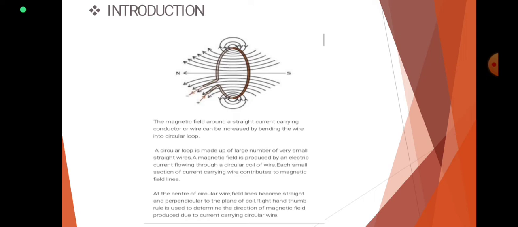Using the right hand thumb rule in the diagram, we can see that when the current is upwards, the magnetic field lines go in an anti-clockwise direction, and as the current moves downwards, the magnetic field moves in a clockwise direction. Also, the magnetic field around a straight current carrying conductor can be increased by bending it into a circular loop.